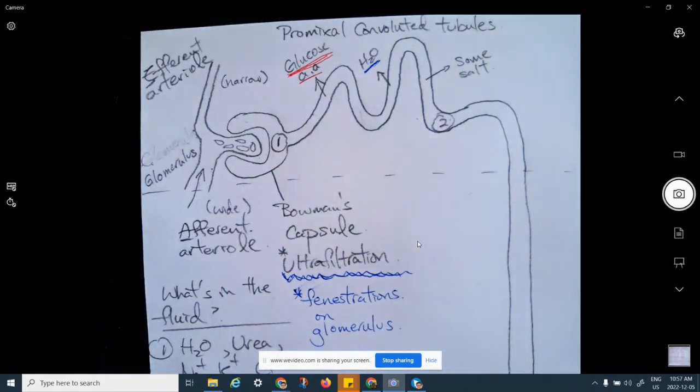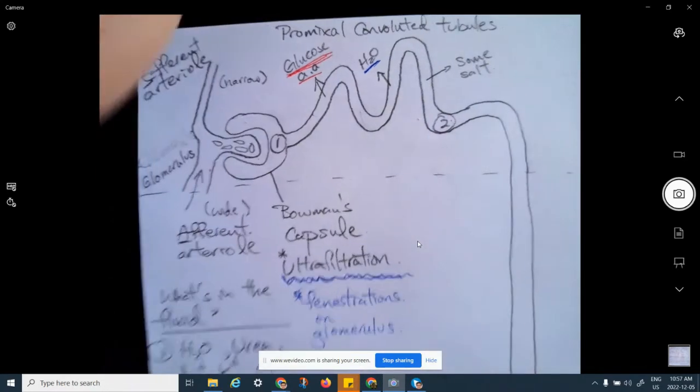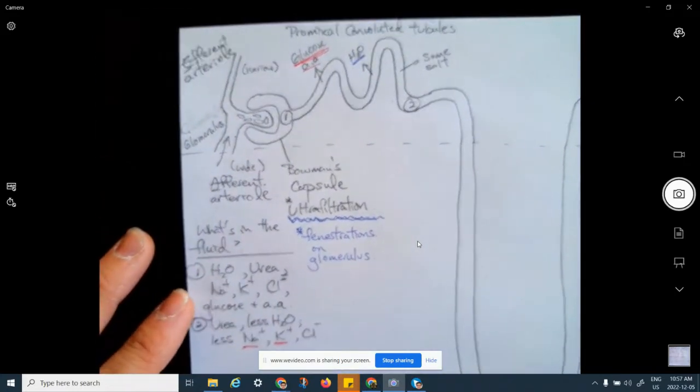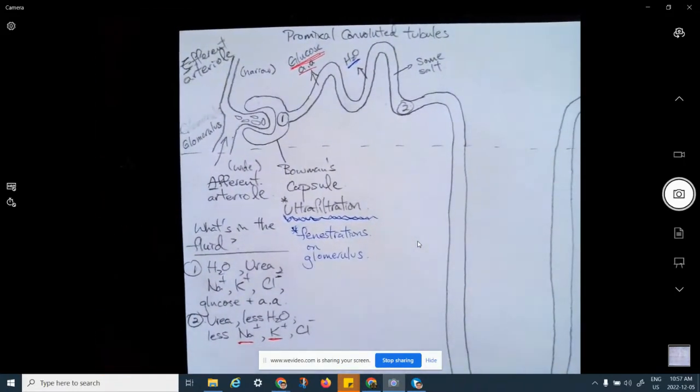Okay? Osmosis, so to speak. So that's what happened at the proximal convoluted tubules. So please add this information at this point. If you have questions or you can't read part of it, let me know.